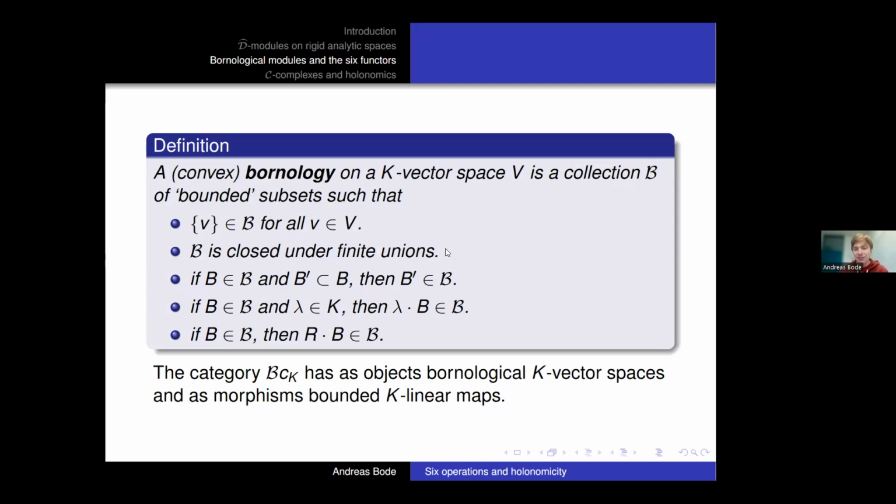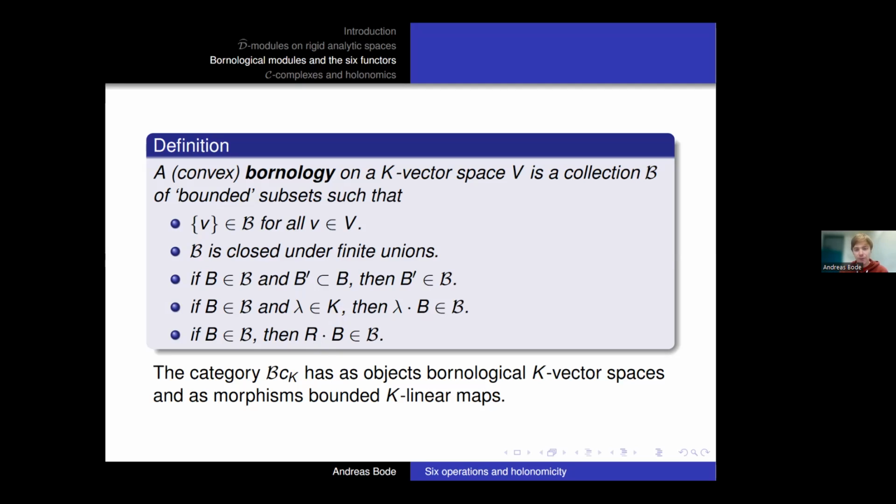If I take a finite union of bounded sets, then that's still a bounded subset. If I pass to a subset of something bounded, that's bounded. And you can rescale by some scalar or take the convex hull. So take the R-module generated by some bounded set, that's still a bounded set. So this is the kind of vector space that I'm going to consider here.